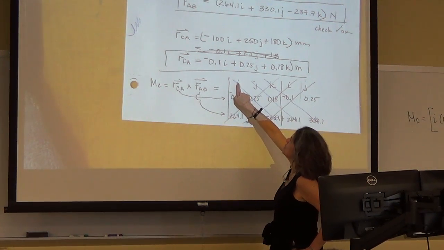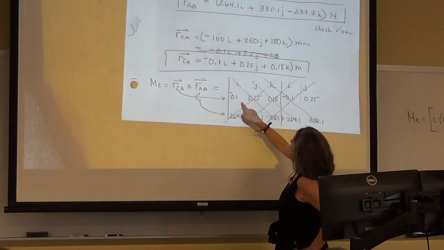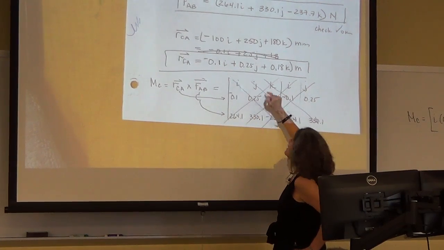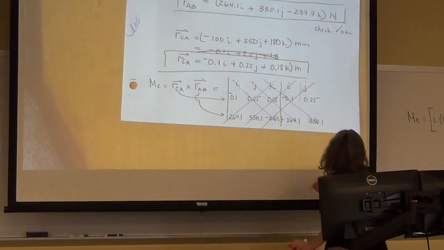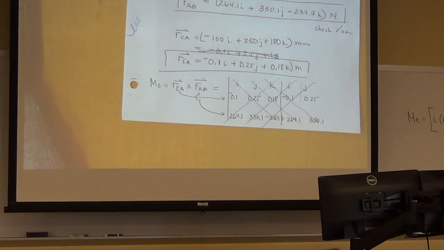When you do this method with i, this minus this, and then j, this minus this, you have to put a negative j in there. I forgot that. And then the k, it's this minus this. So this whole thing has to have a negative in front. Thanks, Gabby, for catching that.